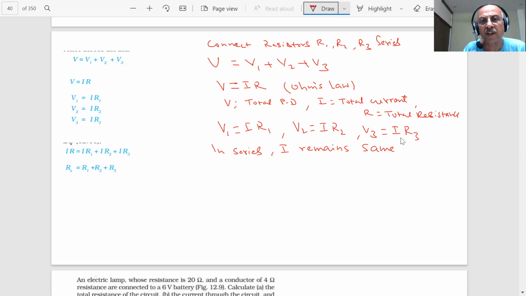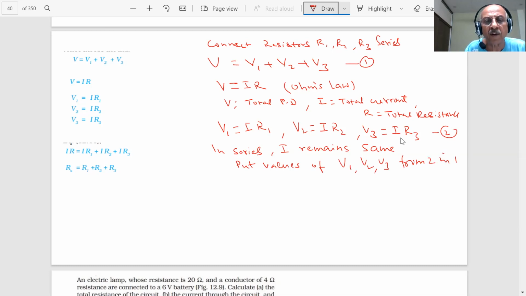What will be the effective resistance when I connect them in series? Put the values in this. This is my equation number one. This is my number two. Put the values of V1, V2, V3 from 2 in 1.